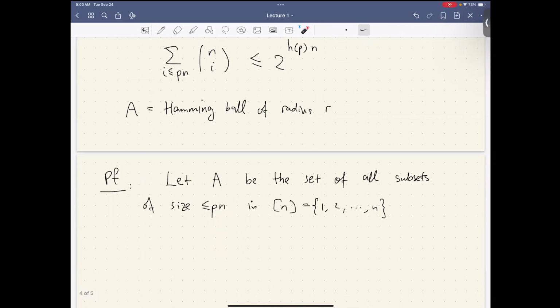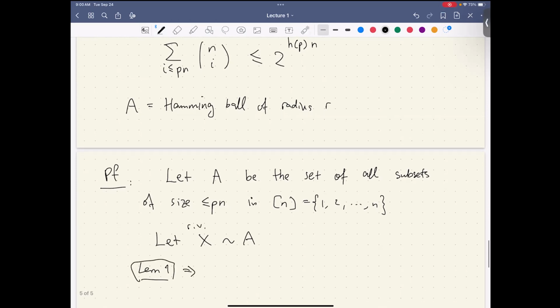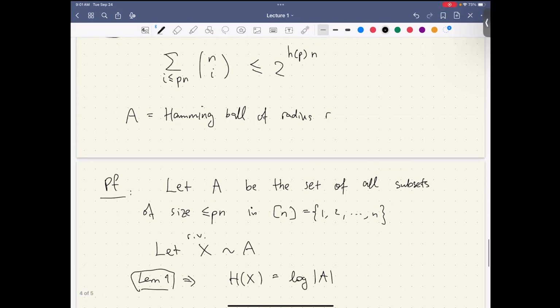Now, let's uniformly randomly sample an element from A. So this is a random variable X, a uniform random sample from A. We know by Lemma 1 that H(X) equals log of the size of A. So our goal now is to prove this is at most n times little h(p).